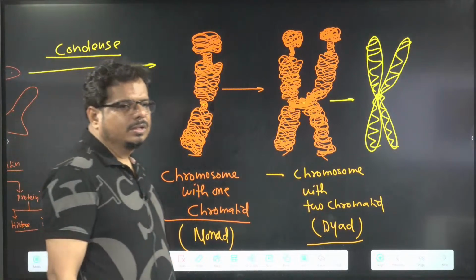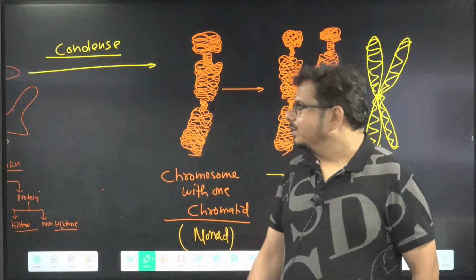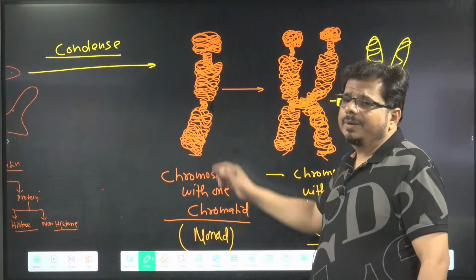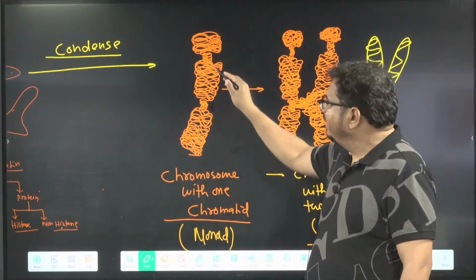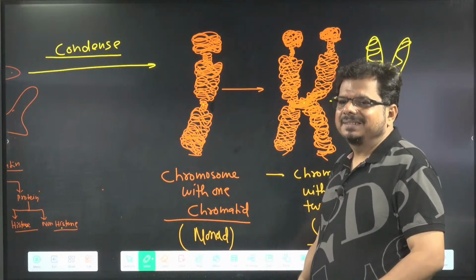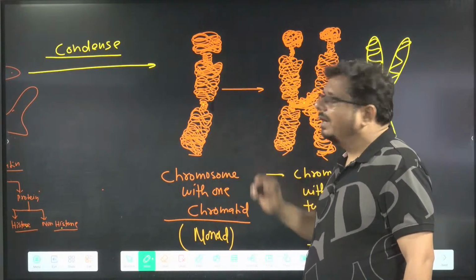It is chromosome also, chromatid also. How many chromosome? One chromosome. How many chromatid? One chromatid. How many DNA? One DNA. Which condition is this? Monad condition.